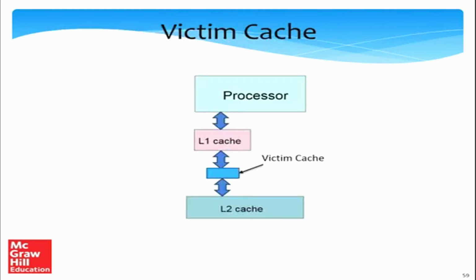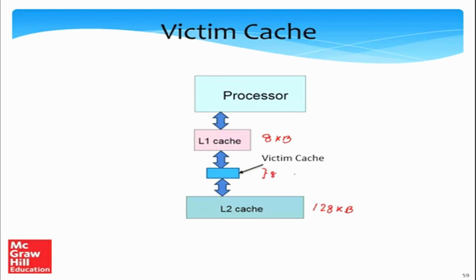So what's the advantage of a victim cache? Let's look at some sizes. The L1 is 8 kilobytes. The L2 is 128 kilobytes. The victim cache might just contain 8 entries.